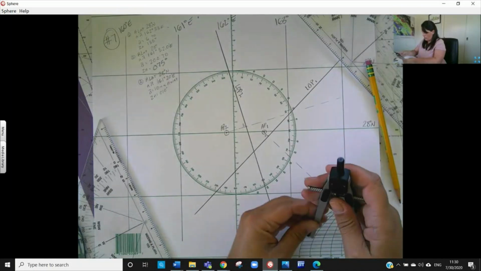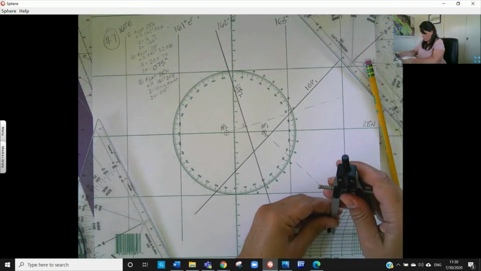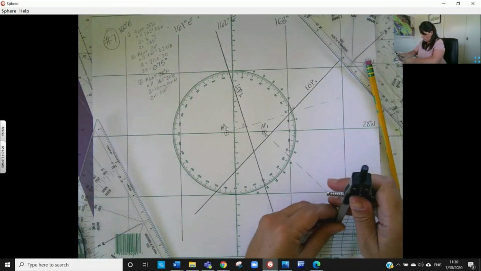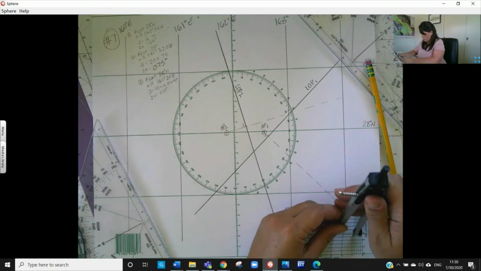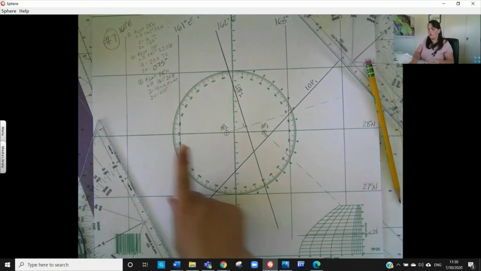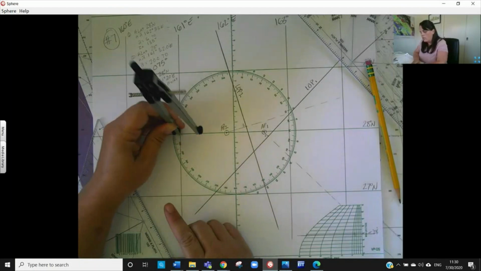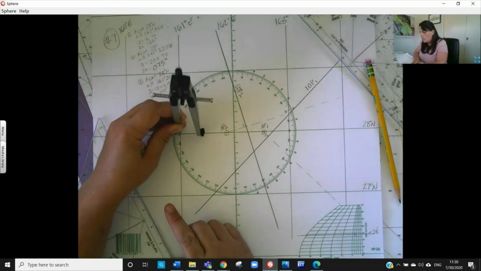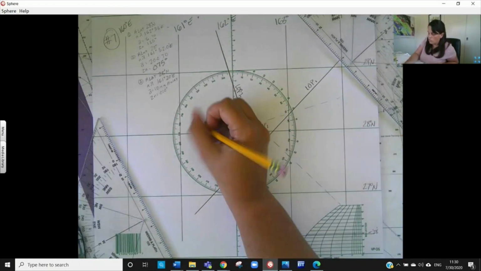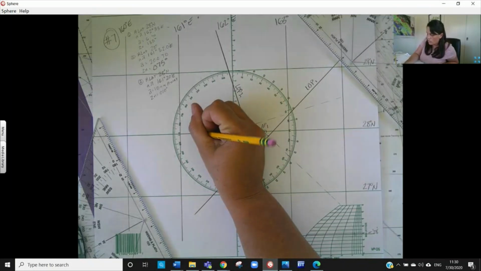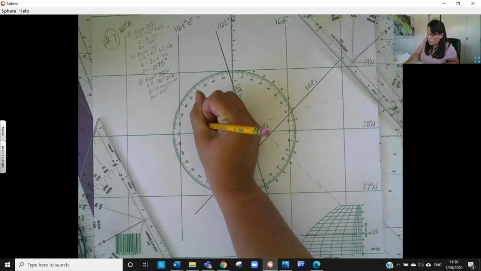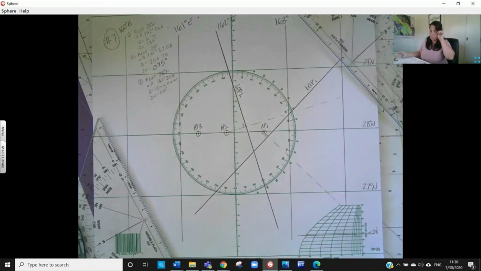We're going to find 20 even minutes. So this is our assumed position for number 3.